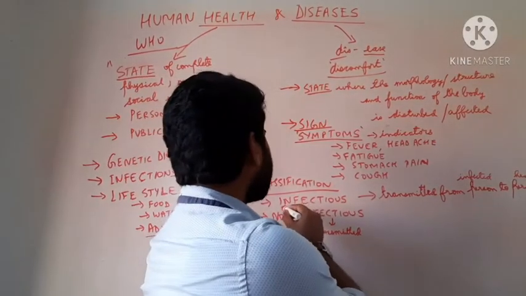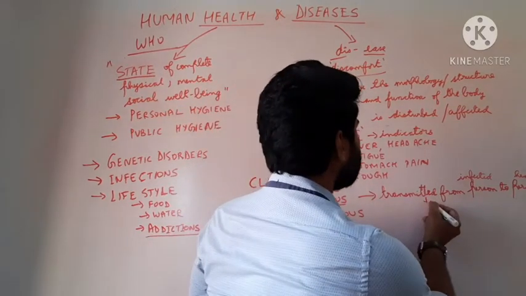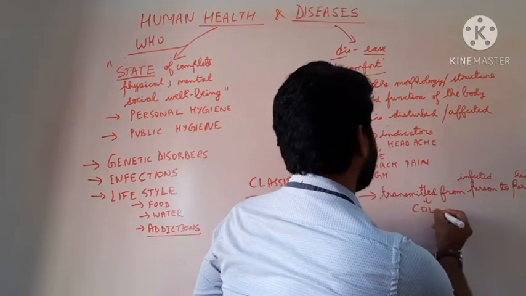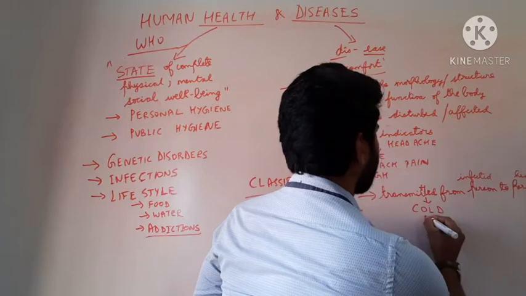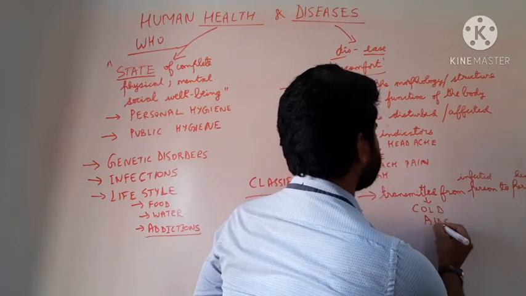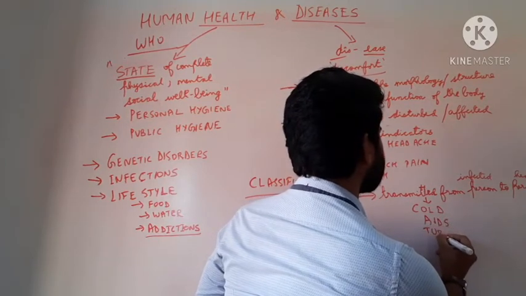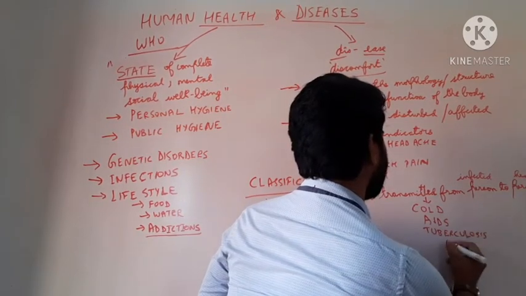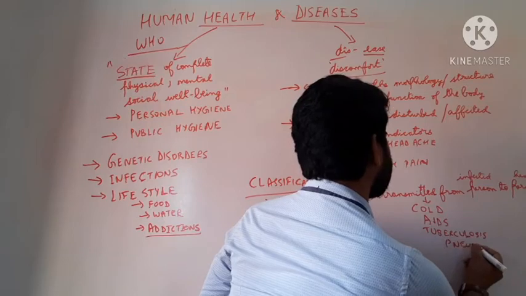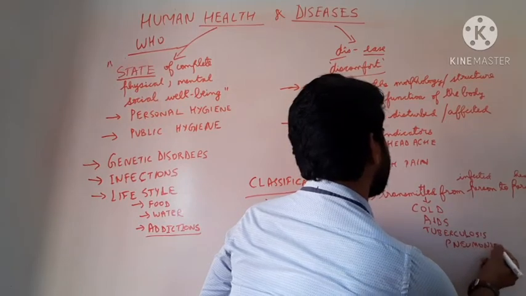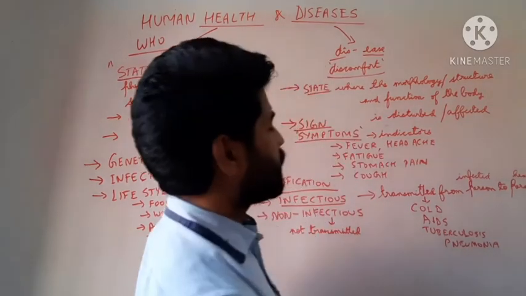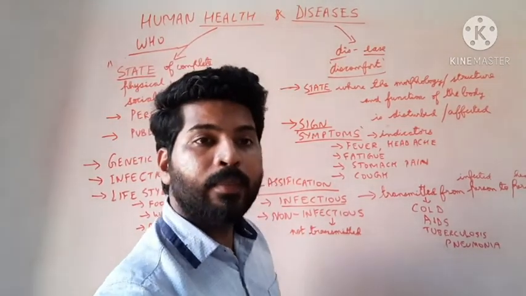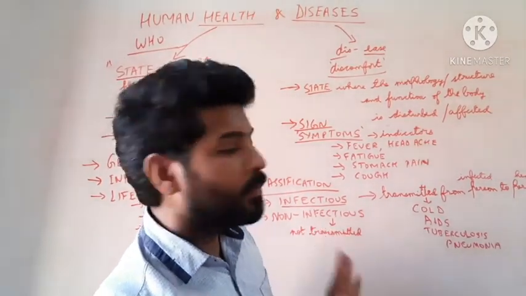Common examples for infectious diseases are cold, HIV, AIDS, tuberculosis, pneumonia. These are very common examples of diseases that are spread from one person to another person.